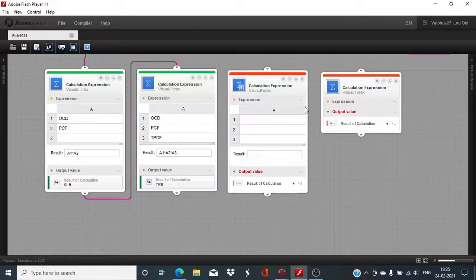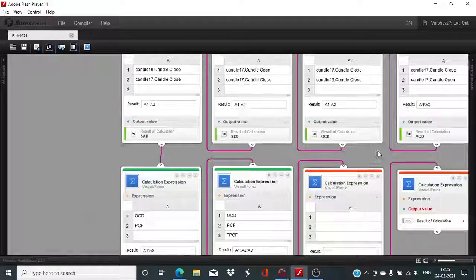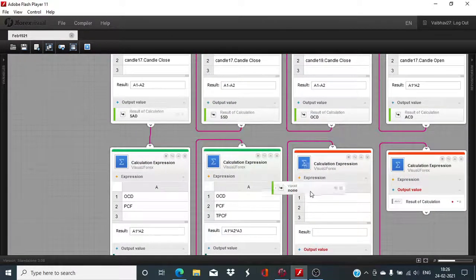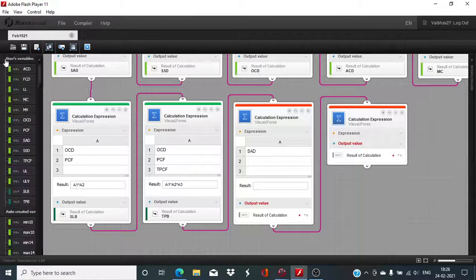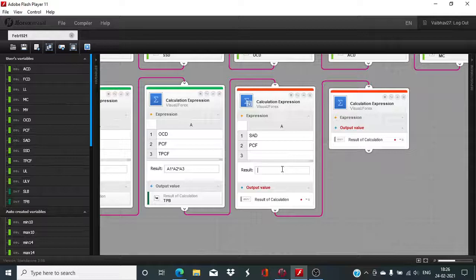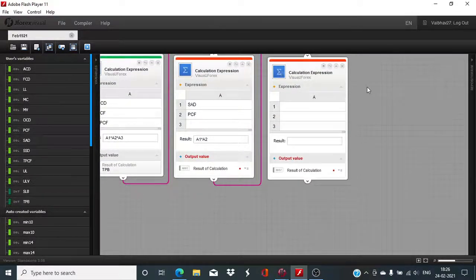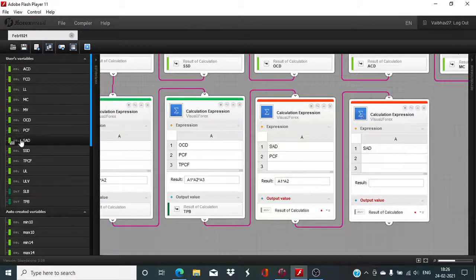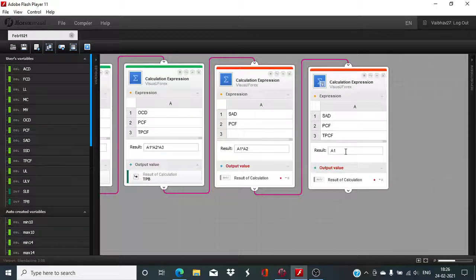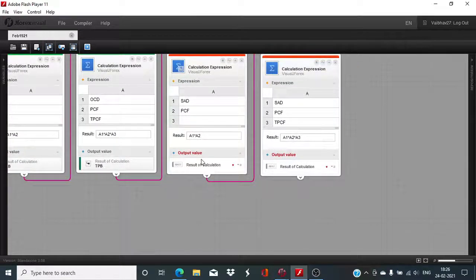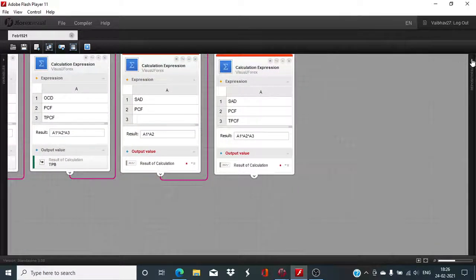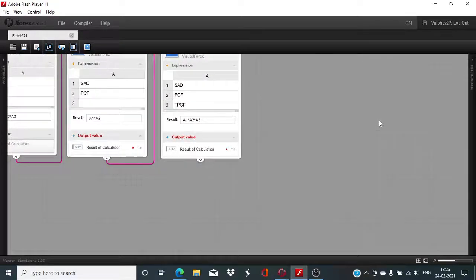Okay, here we will have to look at the actual sell side difference, SAD, take the pip conversion factor and carry out the same A1 into A2, and in this case SAD, PCF and TPCF, A1 into A2 into A3, and these output values we will define once we get the sell side done and add the open at market block.